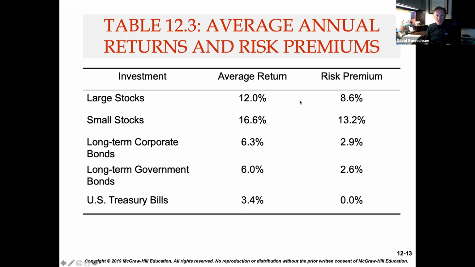So the large cap asset class over the 1926 to 2015 timeframe had an average risk premium of 8.6% above the average risk-free rate of return. Risk premium, the difference between the actual rate of return and the risk-free rate of return, is why we have 0 here for the treasury bills.